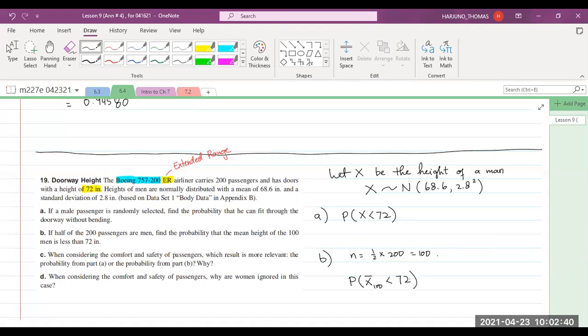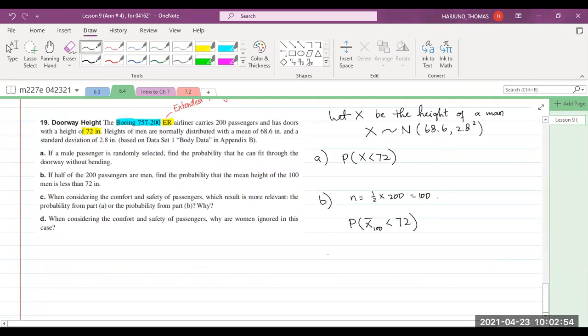When considering the comfort and safety of passengers, which result is more relevant, the probability from part A or the probability from part B? Which is more relevant? The comfort and safety of one person, or the average?